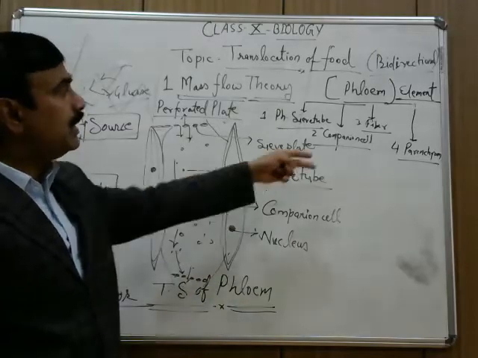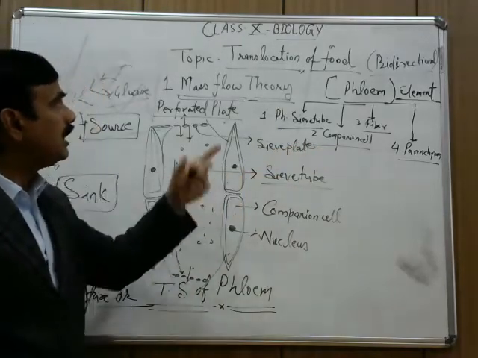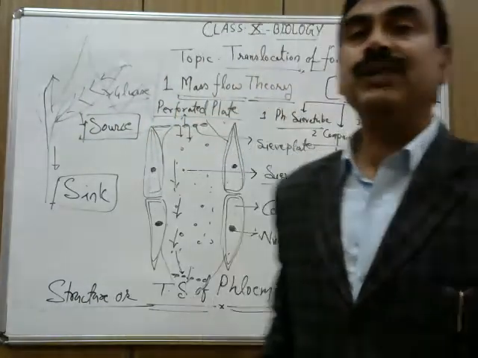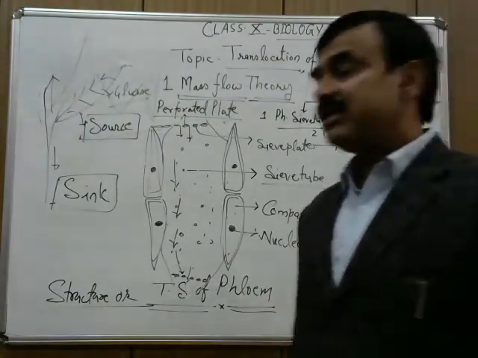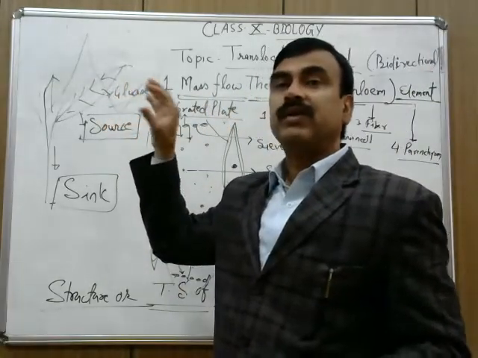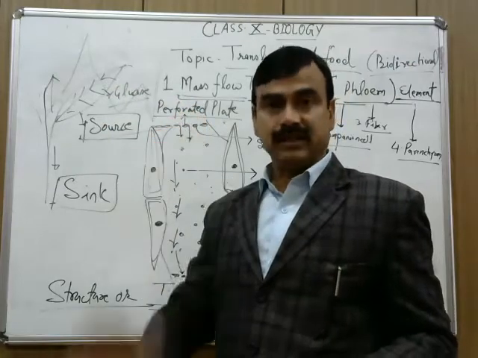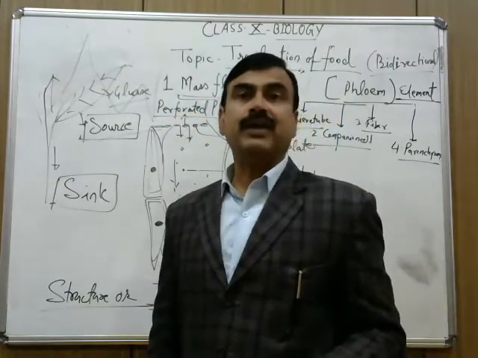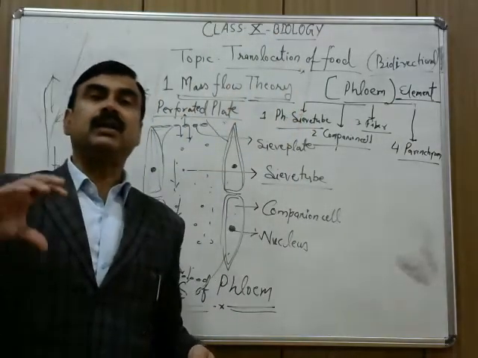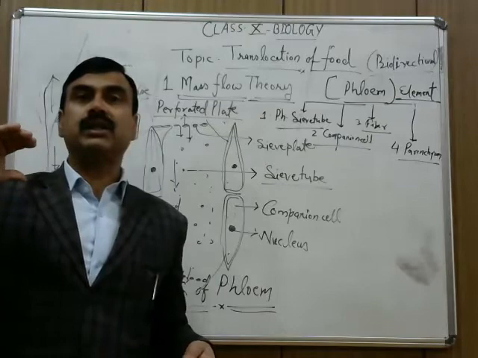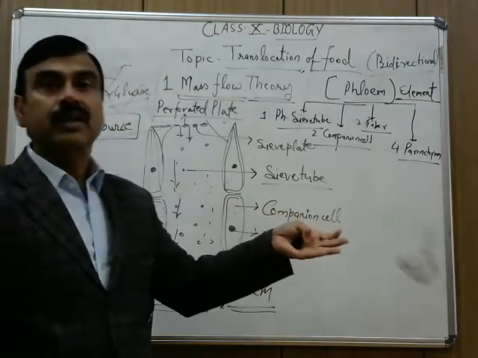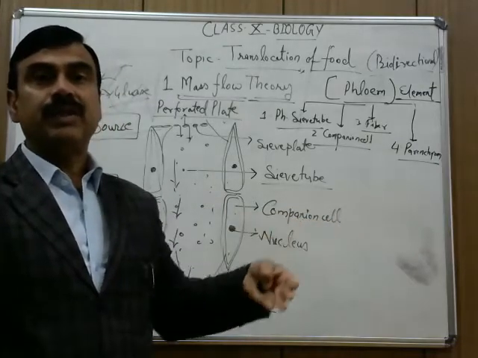The third and last one is the mass flow theory, through which you can easily understand how the food moves from one part where it is synthesized to another part where there is no food. Automatically, by the difference in concentration, it is translocated from one place to another.